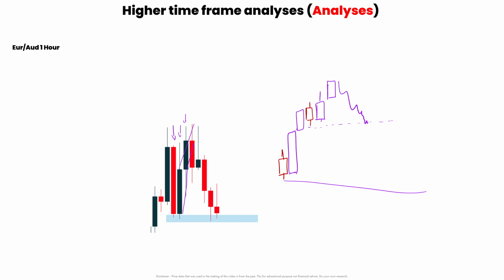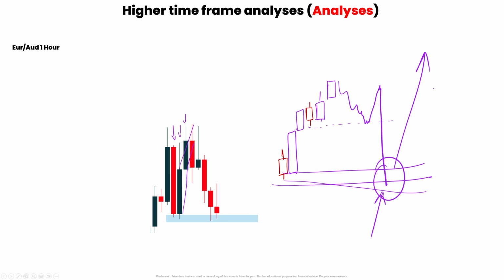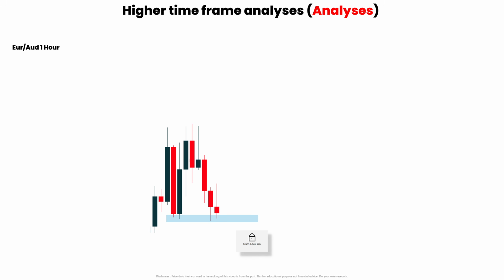You'll wait for the market to break here, and then you'll look for lower time frame entries here so the price can move to the upside. So if you look closely here, we draw the zone below the candlesticks here. And then in the lower time frame around this area, this is where you'll be looking to go long.